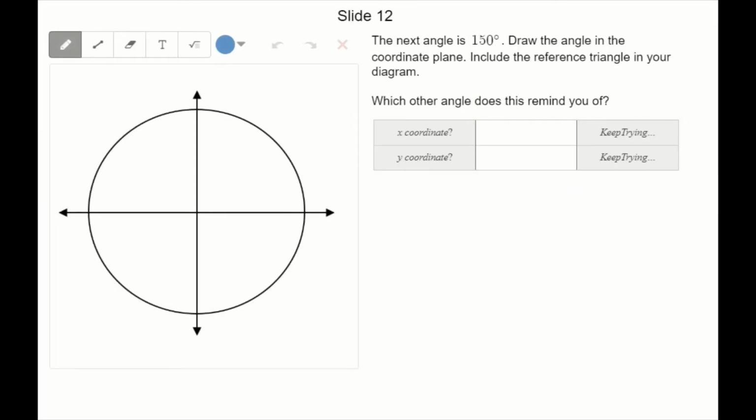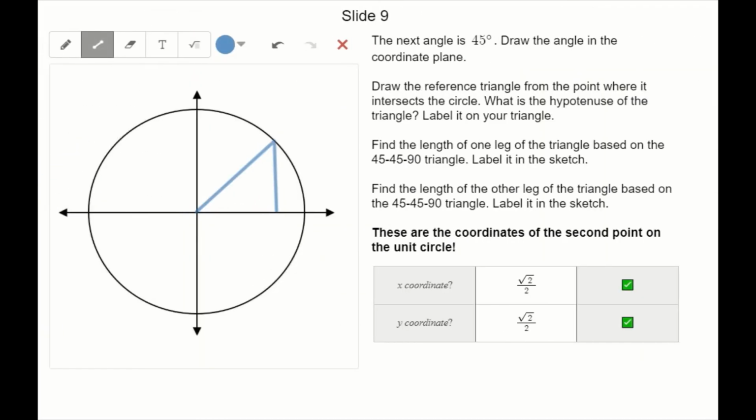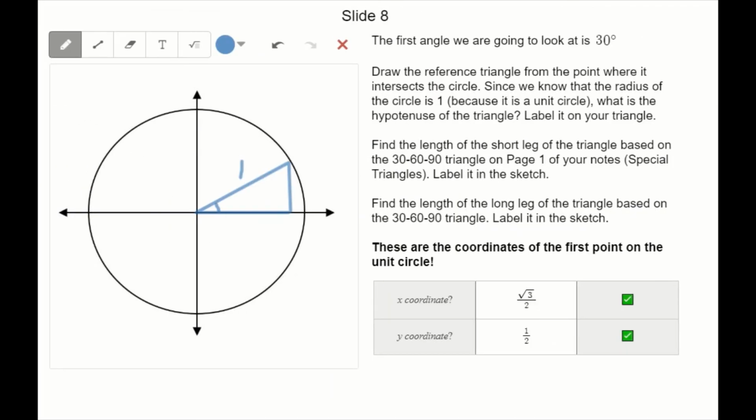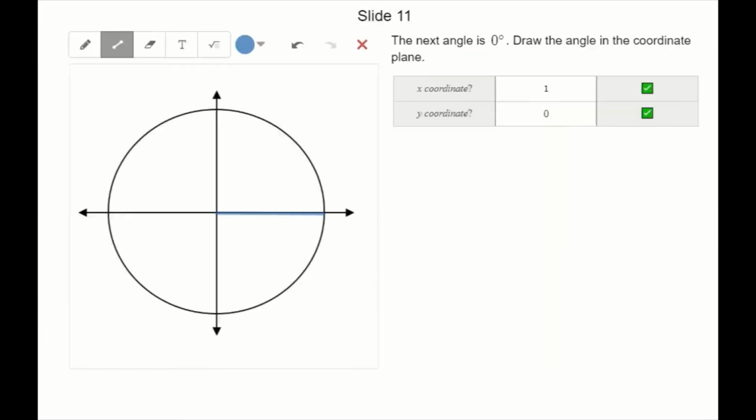And then the next angle is 150 degrees. I know 150 is 30 degrees shy of being 180. 150 plus 30 is 180. So I'm going to draw it very similar to the angle I drew for 30 degrees here, except on the opposite side of the y-axis.